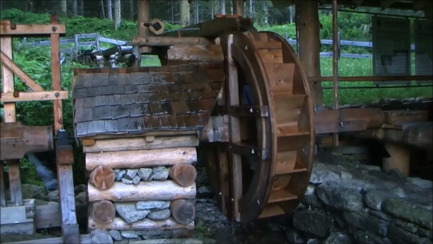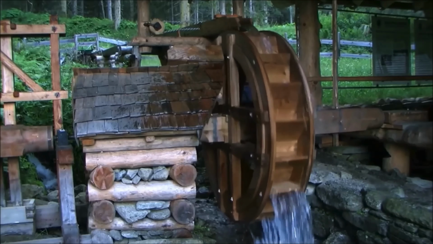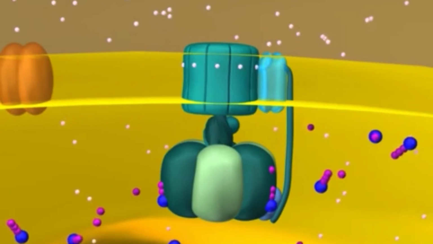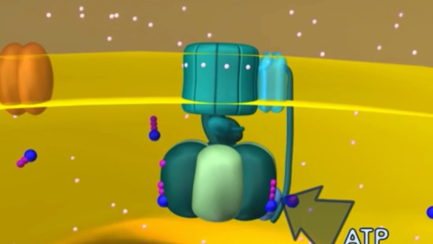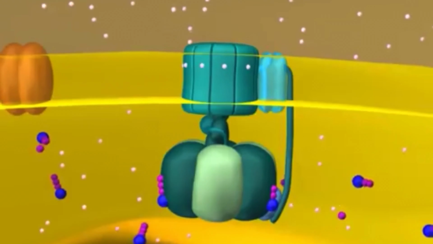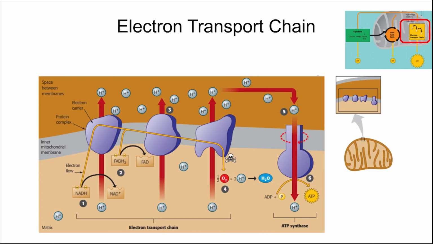There's a river of hydrogen ions passing into the matrix, and as they pass, ATP synthase turns and produces ATP. In this way, high energy molecules produced during the citric acid cycle are used to power a concentration gradient. That concentration gradient produces a bulk of ATP in respiration.